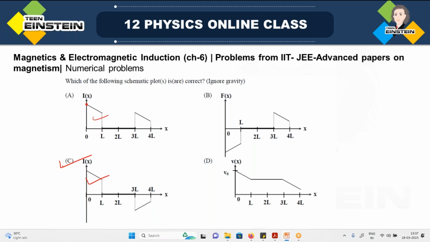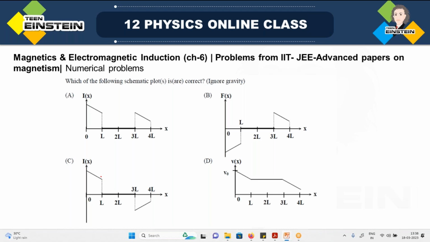Okay. The next option is, see, if the current is becoming this, then how will the voltage vary? This has a slope anyway. Voltage is I into R, right?